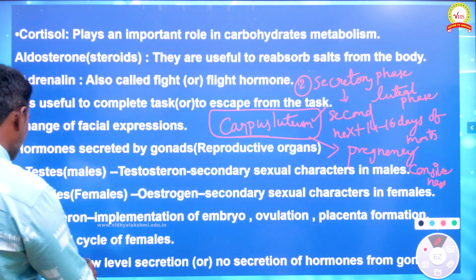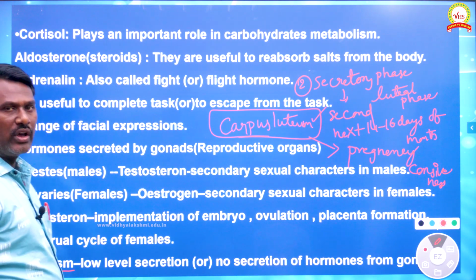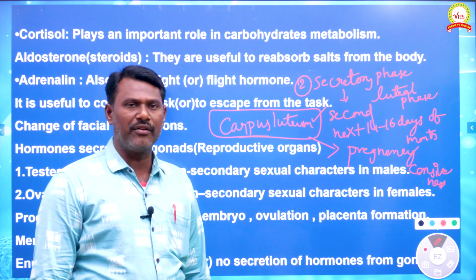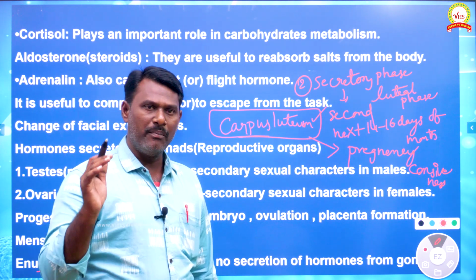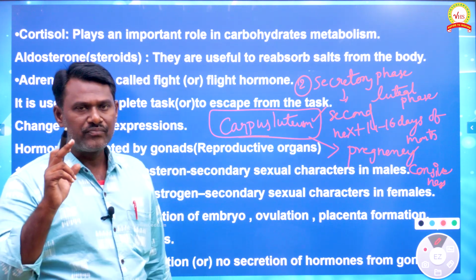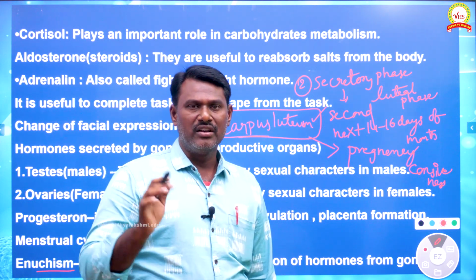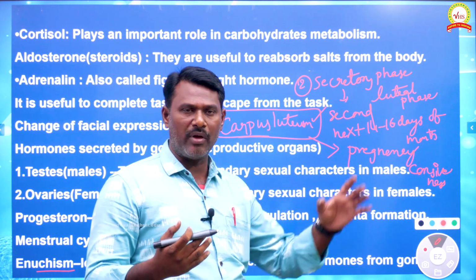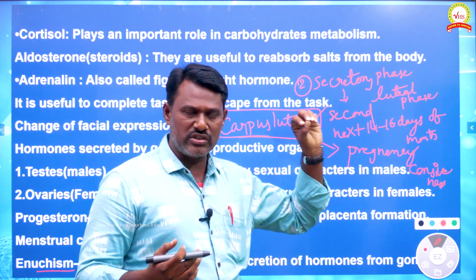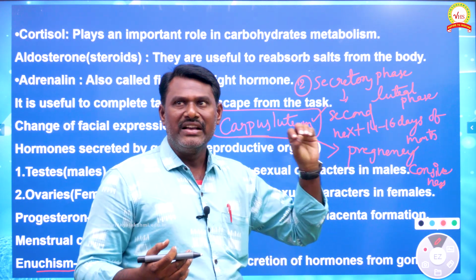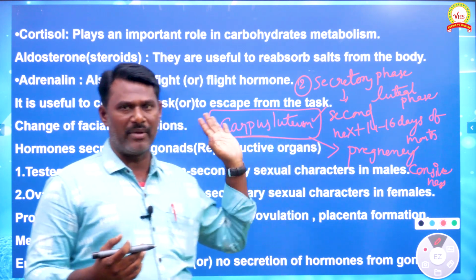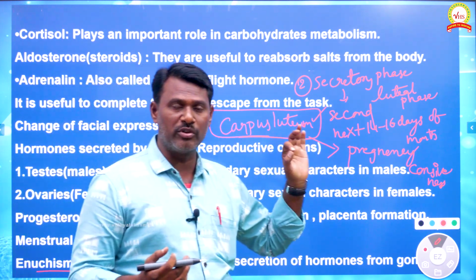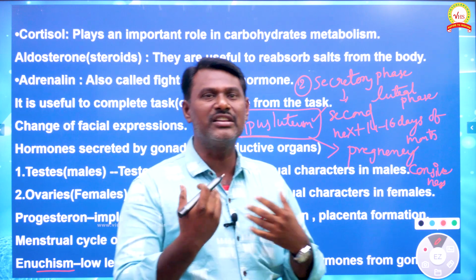Next one is an abnormality we can observe in males as well as females. The best example you can see is in males. Testosterone, which we have already discussed, is useful to develop secondary sexual characters in males.